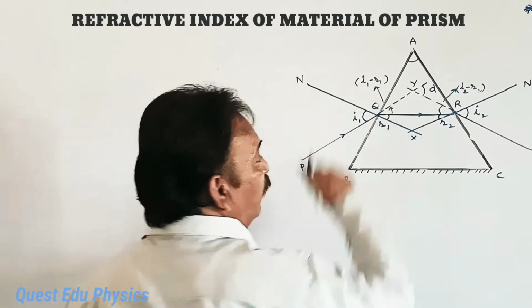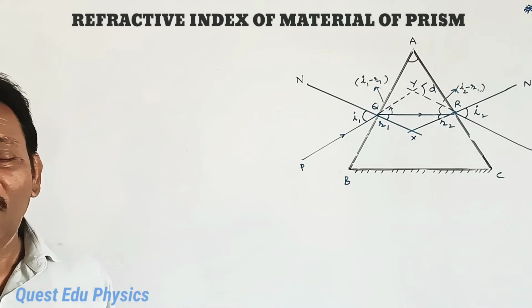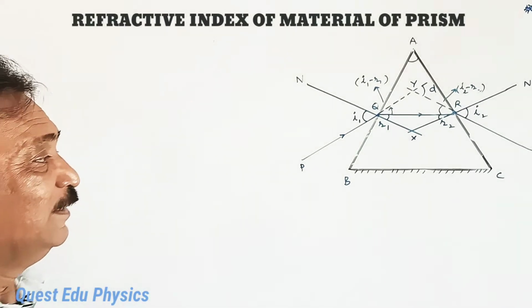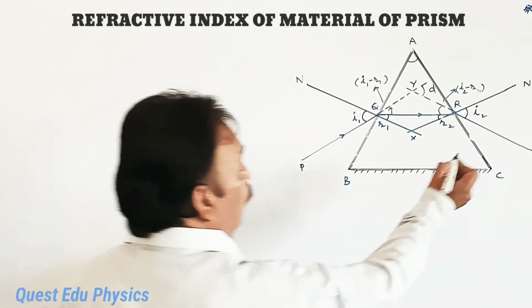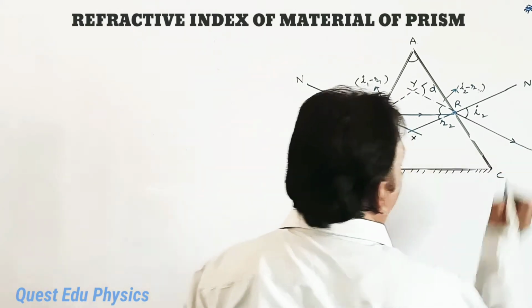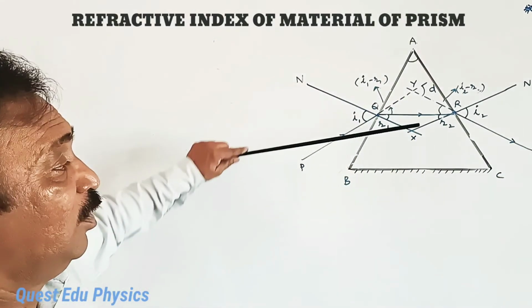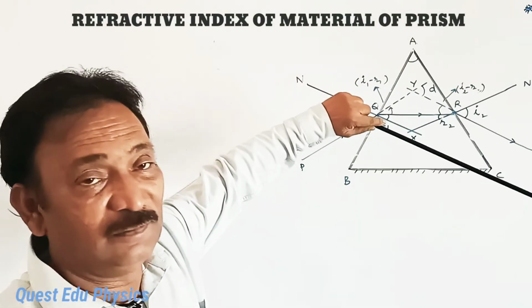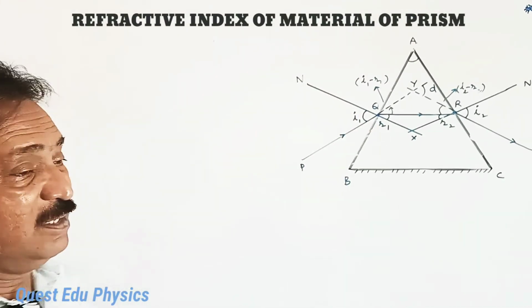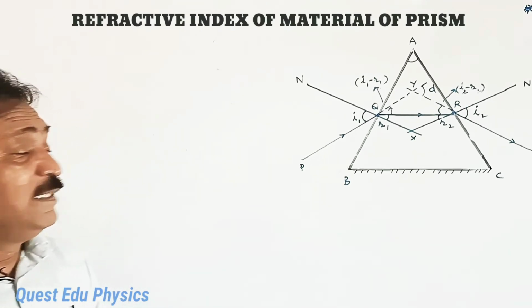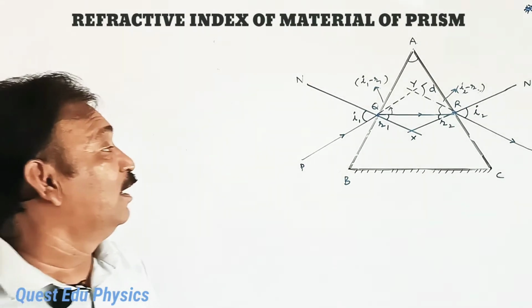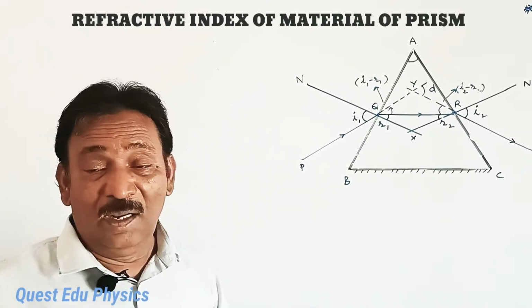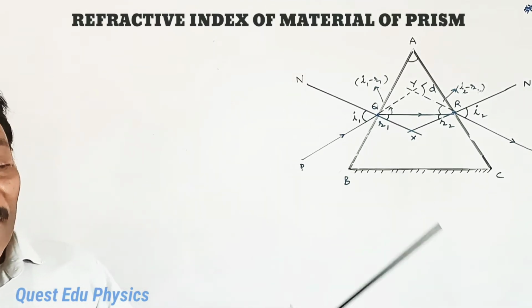This angle is equal to I1 minus R1. Okay, this is the path observed by the light ray when it passes from rarer to denser, denser to rarer again. Okay, students. All these things happen in that way when light propagates from one medium to another medium.